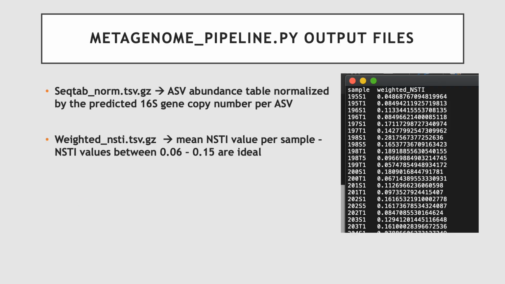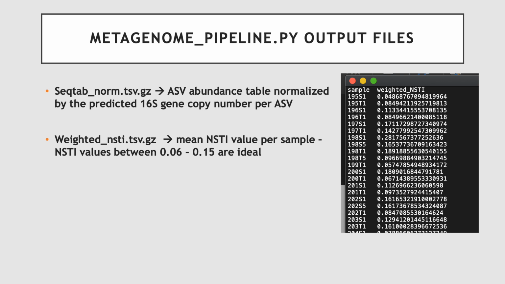The output files from this metagenome pipeline, there are 4 output files. There's a seq-tab norm CSV file that has the ASV abundance table normalized by the predicted 16S gene copy number per ASV. Basically, this is a normalized ASV table that takes into account the number of 16S gene copies per genome. Right?